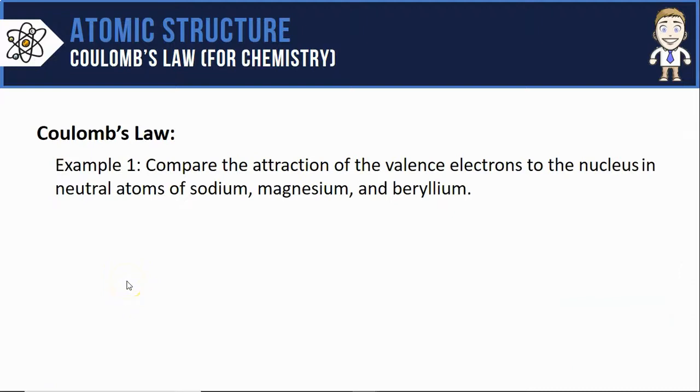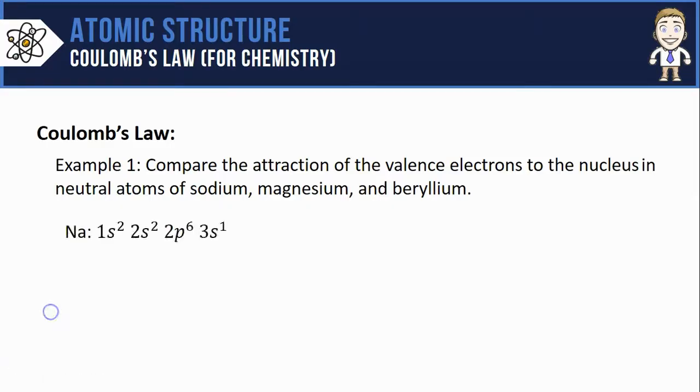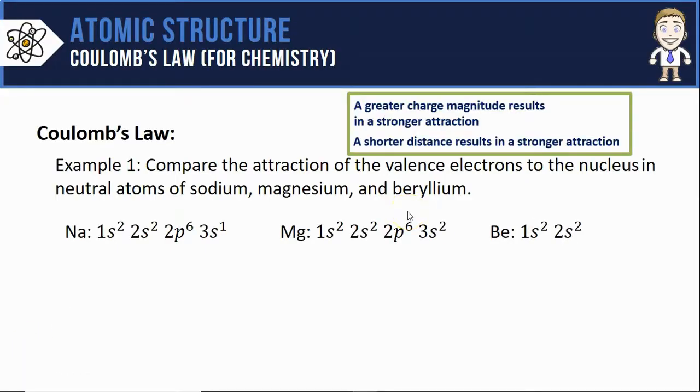So let's close the video with an example where we compare the attraction of the valence outermost electrons to the nucleus in sodium, magnesium, and beryllium atoms. Let's first get a look at where those valence electrons are by writing configurations for sodium, magnesium, and beryllium. Next, we can start to analyze the attraction based on these 2 factors, distance and charge magnitude.